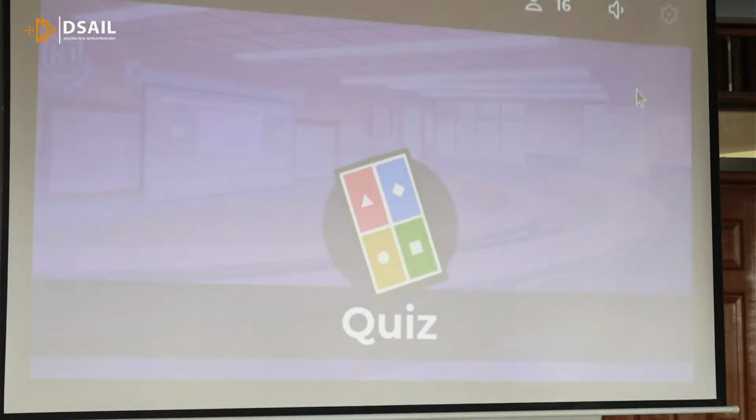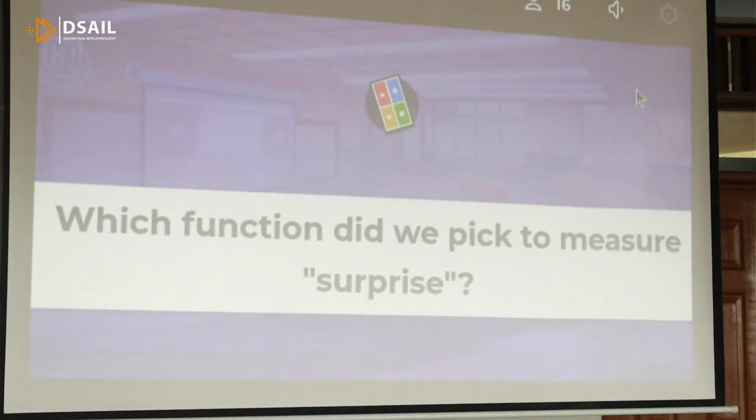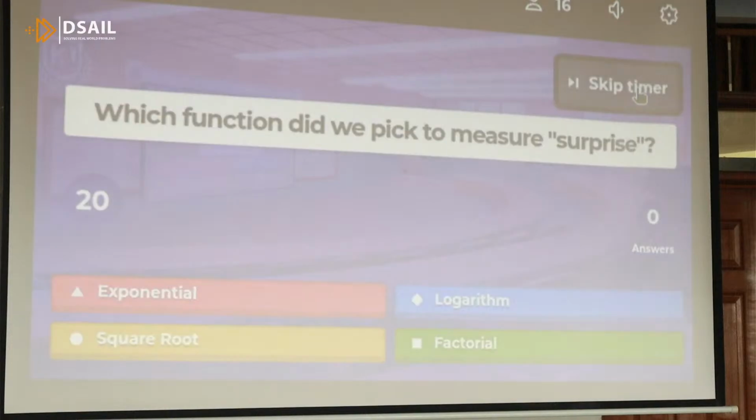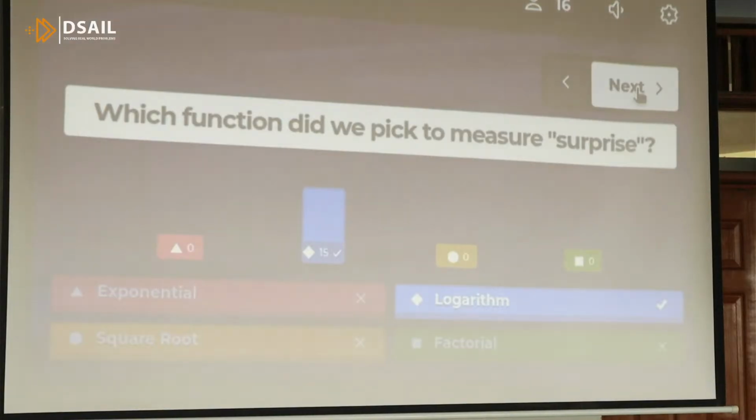Which function did you pick to measure entropy? Surprise is entropy. Sorry, surprise, entropy, information, more or less the same.